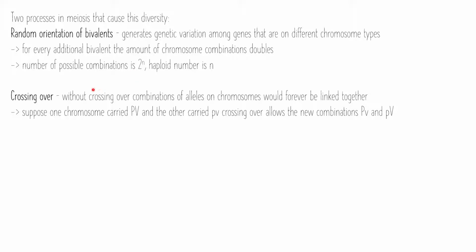The second process is crossing over. Without crossing over, combinations of alleles and chromosomes would forever be linked together. So let's say we have these 2 combinations of alleles, this is generation 1. And in generation 2, the organism is still only going to have this combination because there is no crossing over and you can't have variation in the combinations.